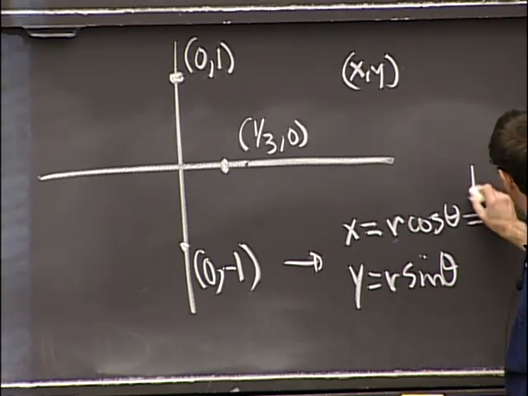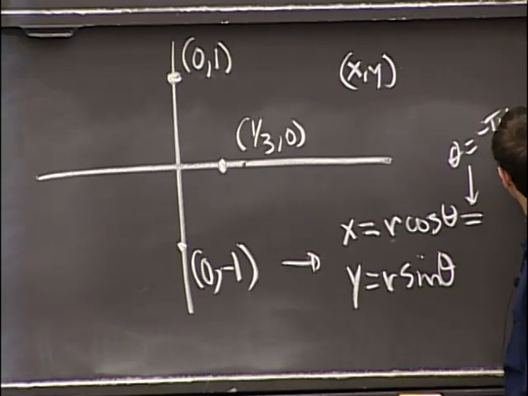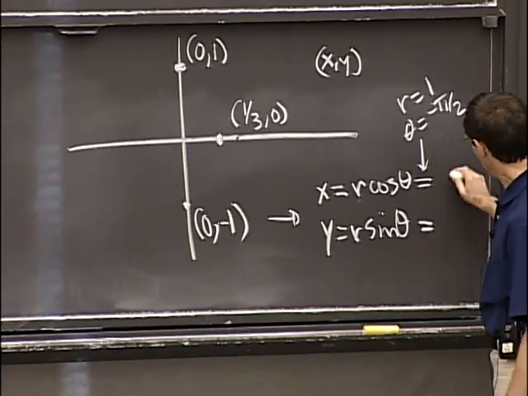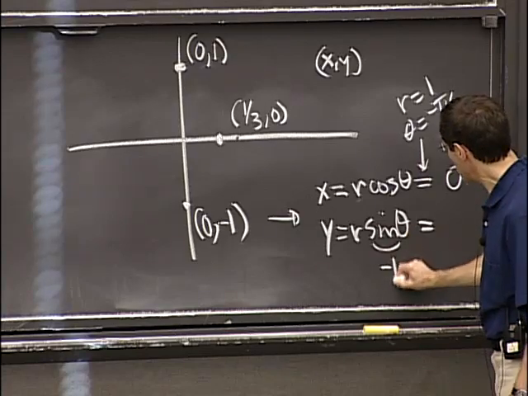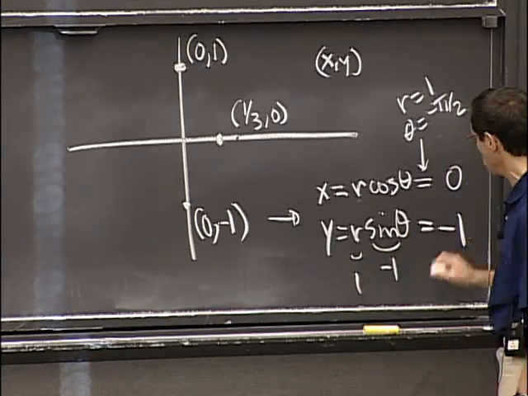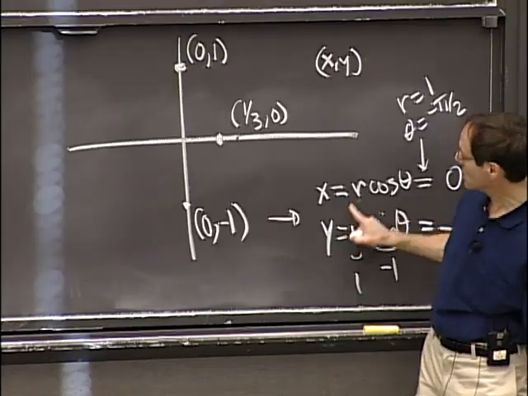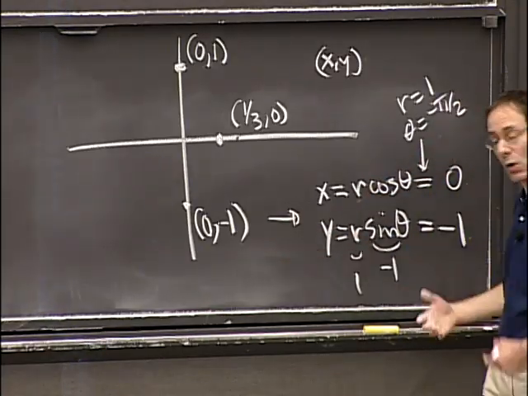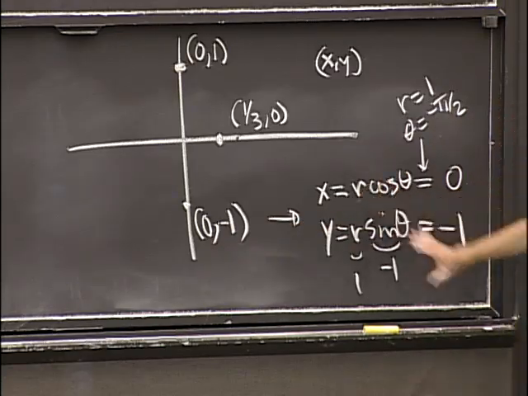So you plug in theta equals minus pi over 2, and r equals 1. And lo and behold, you get 0 here, and here you get minus 1, and here you get 1. So this is an example. I did it purely visually or sort of organically, but you can also do it by plugging in the numbers.